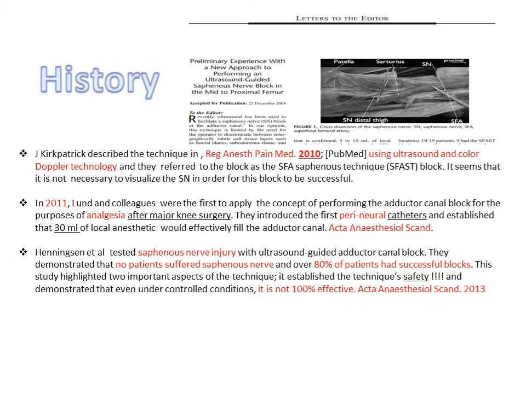This study highlighted two important aspects of this technique, as we will describe soon. It established the technique's safety for the saphenous nerve itself, not for the other structures, and demonstrated that even under controlled conditions, it's not 100% effective.